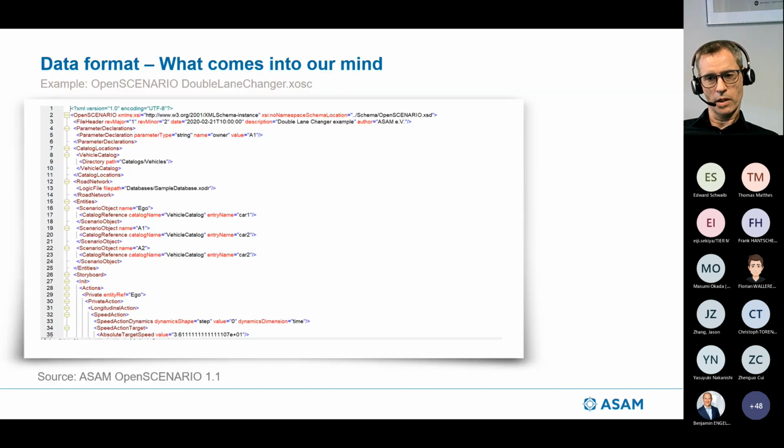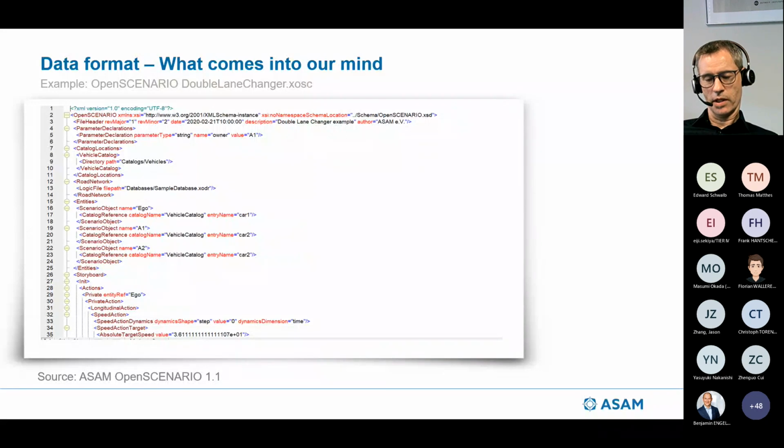As with models, we look at what comes to mind when we think of data format, and probably something like this comes to your mind. We are looking at an encoded scenario from OpenSCENARIO 1.1.